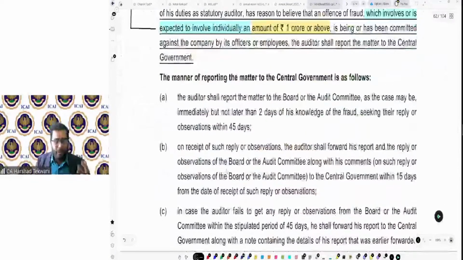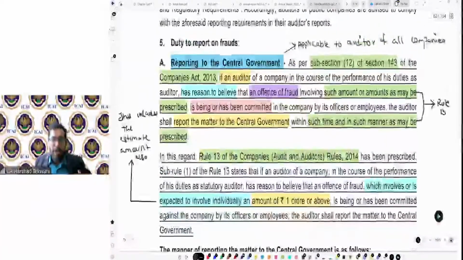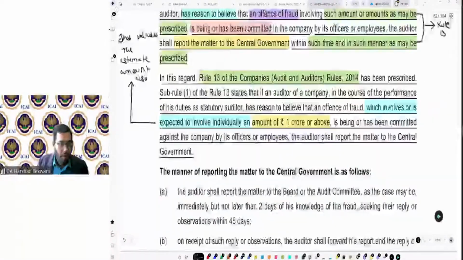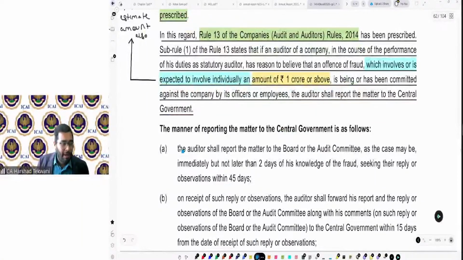Now the manner. We saw the amount. Now we need to see the time and manner in which it is required to be reported.